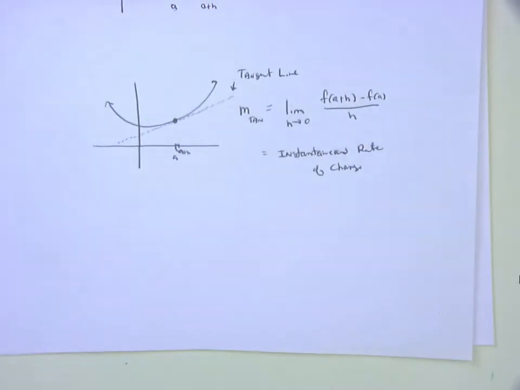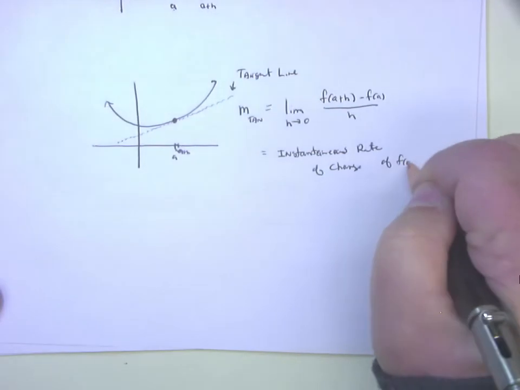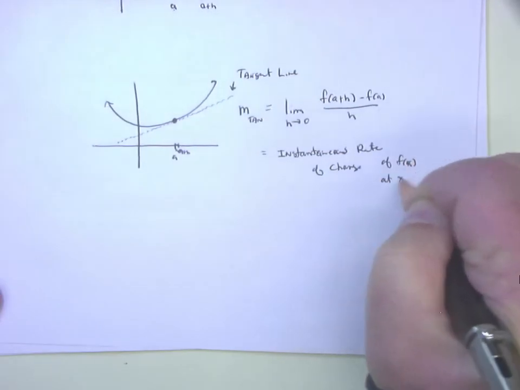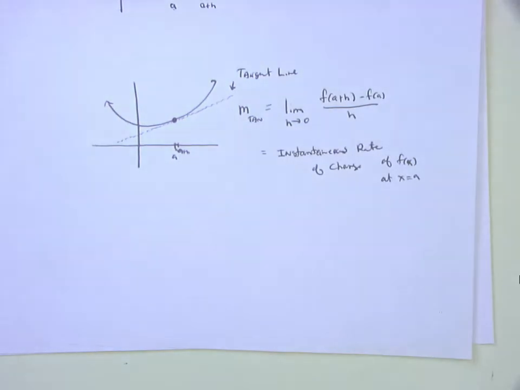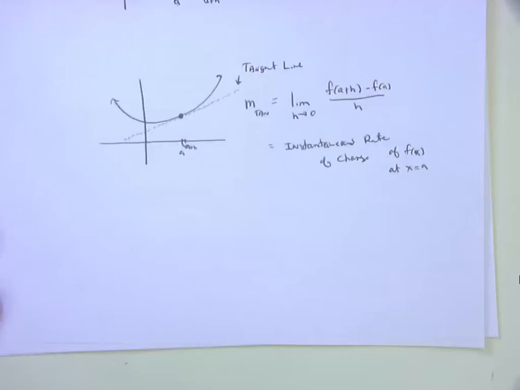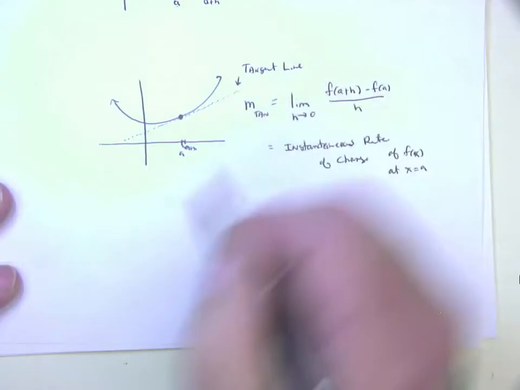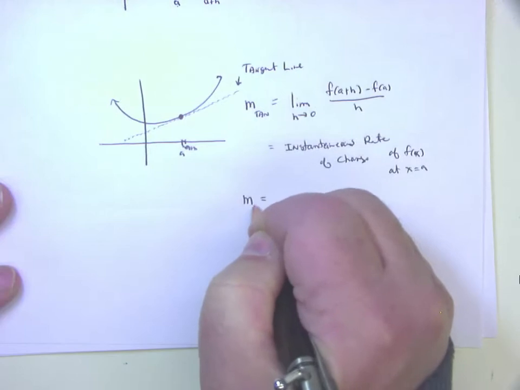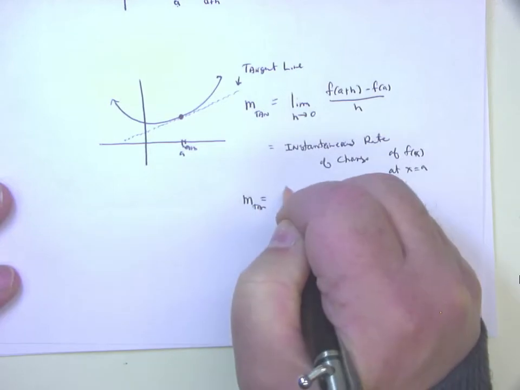The instantaneous rate of change of f of x at x equals a. So we have a formula here. And this instantaneous rate of change is also known as the derivative. So this slope of the tangent line, the instantaneous rate of change, is also known as the derivative.